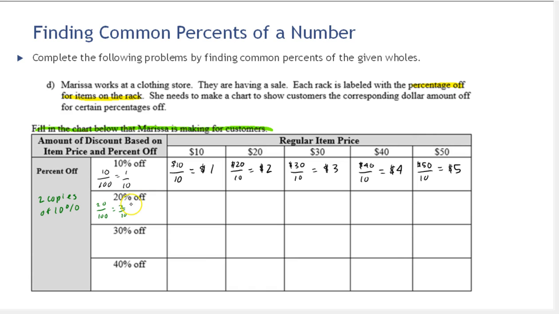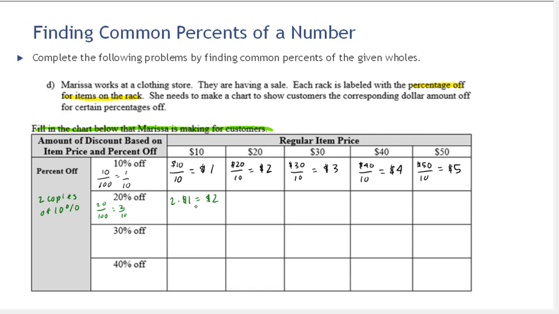So it's 2/10 of the regular price that is 20% off, and 20% is 2 copies of 10%. So we want 2 times $1 off, which will give us $2 off. Okay, and again, think of moving the decimal place 1 is $1, 20% is 2 times 10%, which is $2.